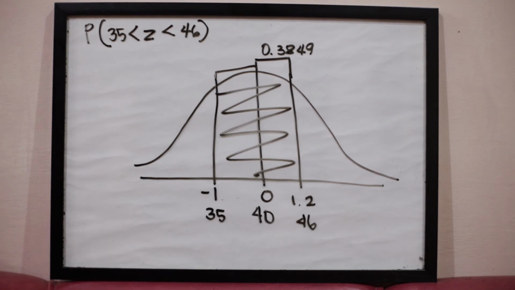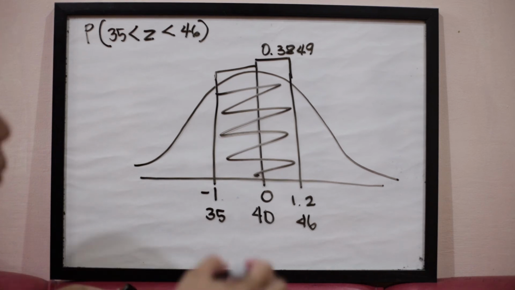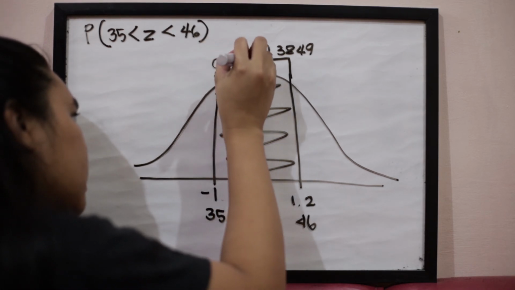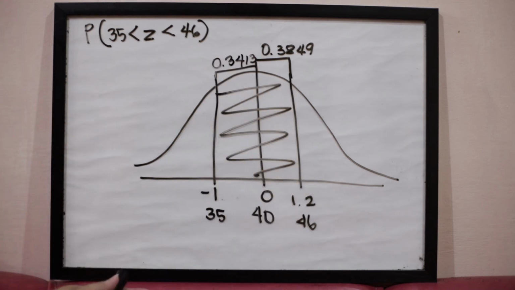Next, from 0 up to negative 1. Again, you disregard the negative number, or the negative symbol. Then, we just look for 1.0, then 0.00. So, 1.0 and 0.00 is 0.3413. And for us to get the total shaded region, all we have to do is add the two given values.